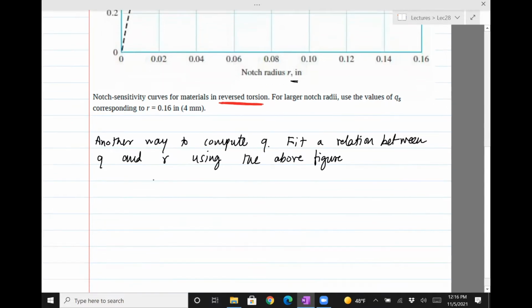If you do that, the expression is not terribly complicated. It is something like this: 1 divided by 1 plus square root of a divided by square root of r.